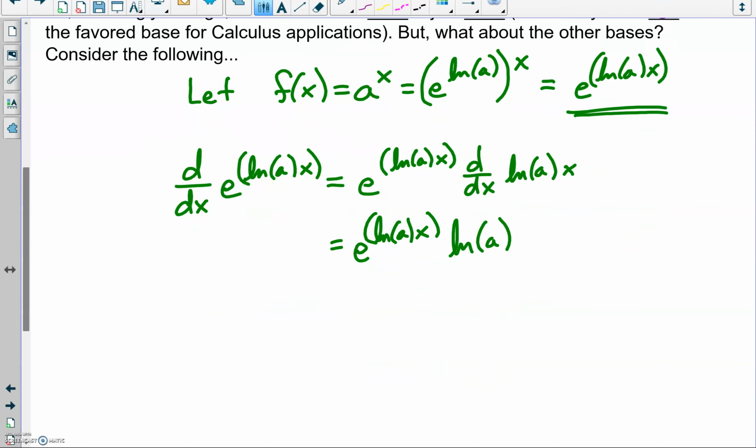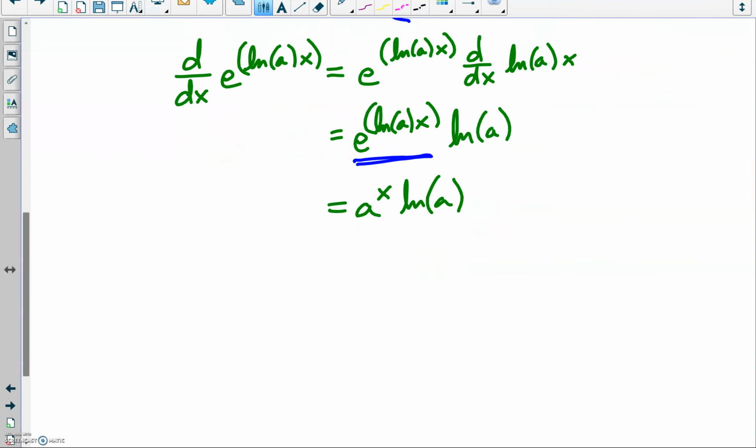And then moving down to the next line here, I'm going to use this e to the natural log of a times x, but I'm going to go backwards now. So I'm coming back this way, and I'm just going to replace it with the original a to the x power. And that completes the derivative for your general a to the x power.